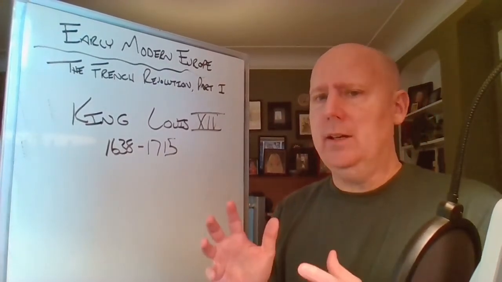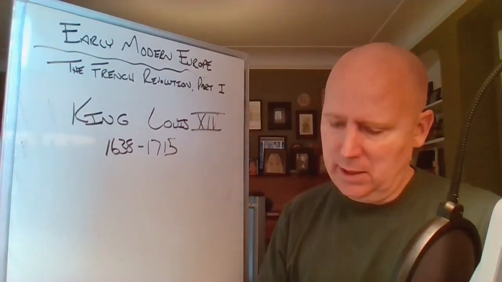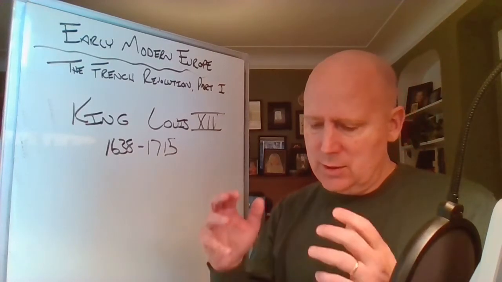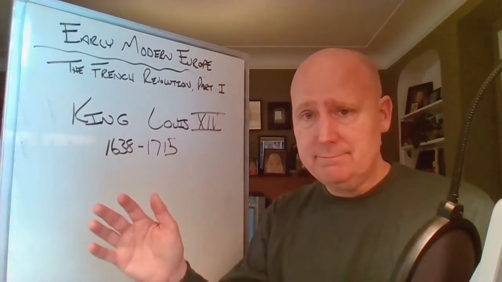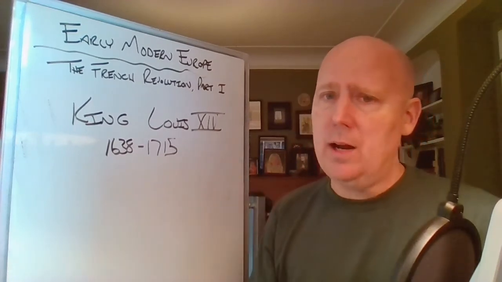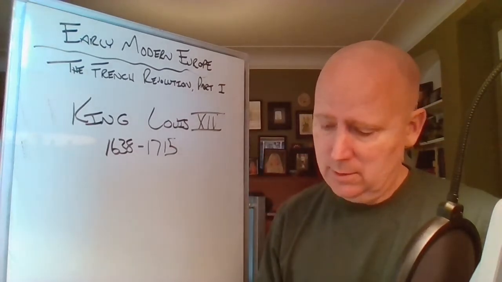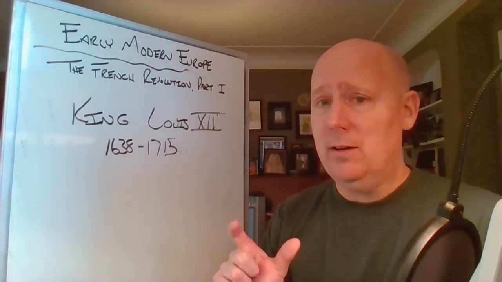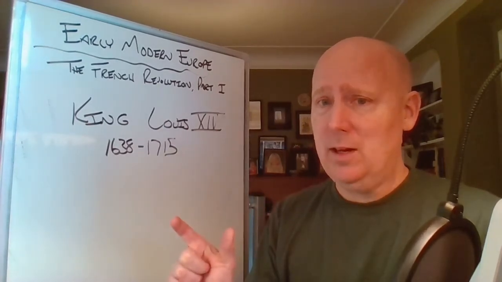So Mazarin is trying to continue the program set up by Cardinal Richelieu, which sought to ensure French supremacy in Europe, as well as to cripple all the rivals of the Bourbon dynasty to the throne. And so here you have these high-level churchmen, right?